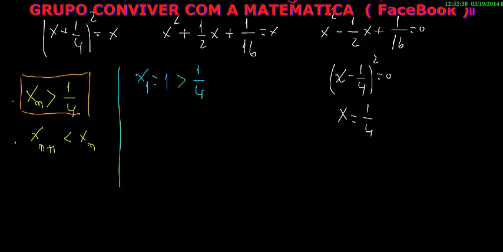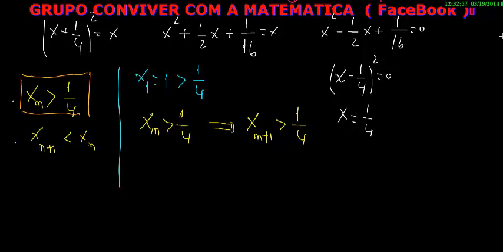Now I must look to my hypothesis, and so we are going to agree that our sequence x index n is greater than 1 over 4, and I want to show you that this implies that x index n plus 1 is greater than 1 over 4.